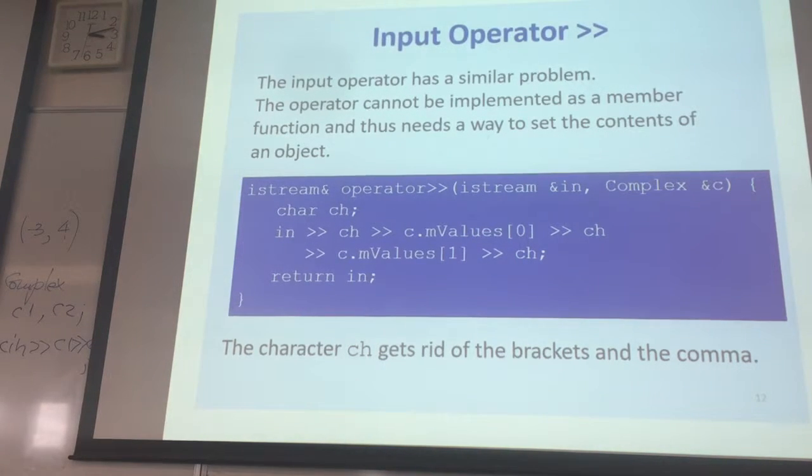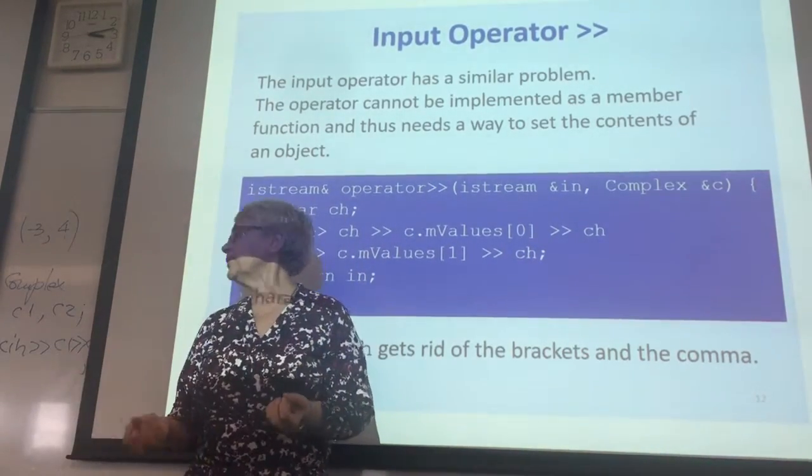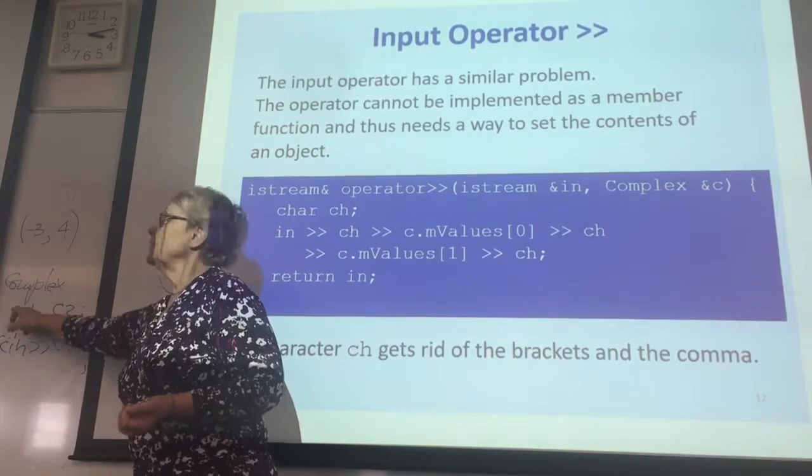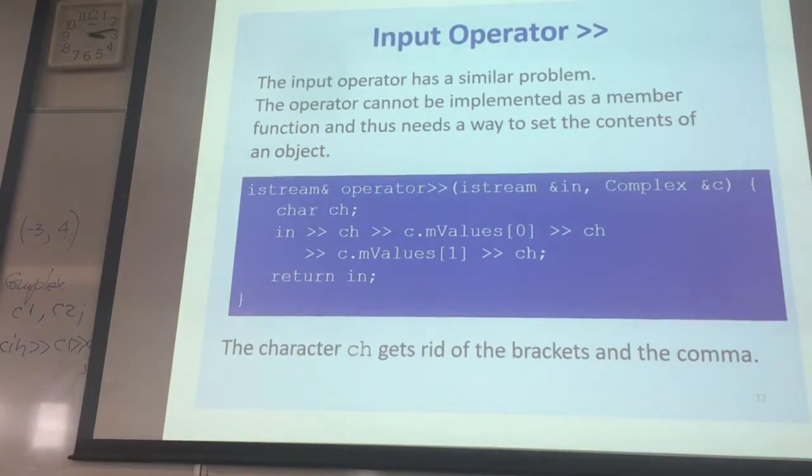This would be in a safe environment if we really want to make our input operator very safe. But for the moment, we are just looking at how to provide facilities which are available for primitive types for types we define. And as you can see, we can do quite easily implementing some functions.